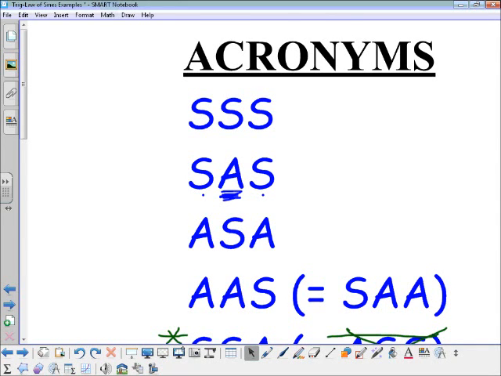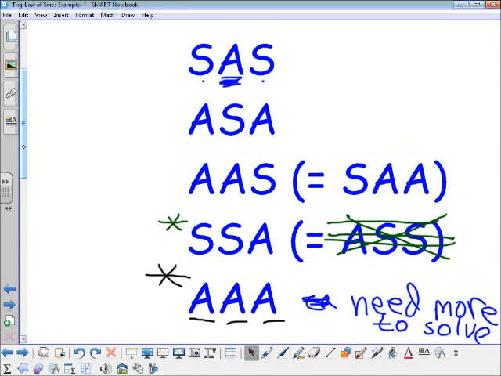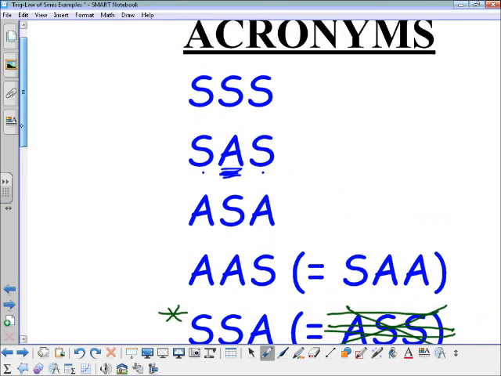Pages. There's my acronyms. I pointed out that I wanted to show the equivalences because notice we have to be given three things. And the only thing each one can be is either a side or an angle.